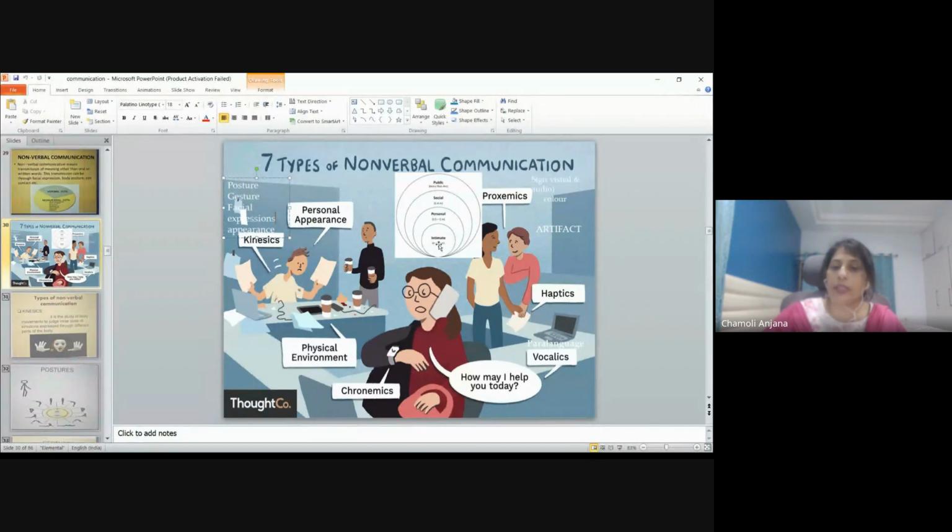So intimate is less than 1.5 feet, personal space is 1.5 to 4 feet, social space is 4 to 12 feet, and beyond 12 feet it is public space. Depending upon the distance between the sender and the receiver, we can judge the kind of relationship we have, and this bubble of space will determine the type of communication they will have.